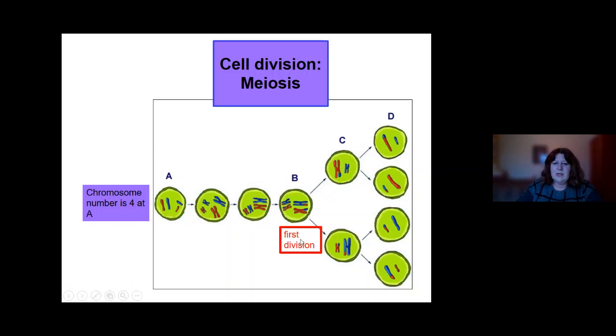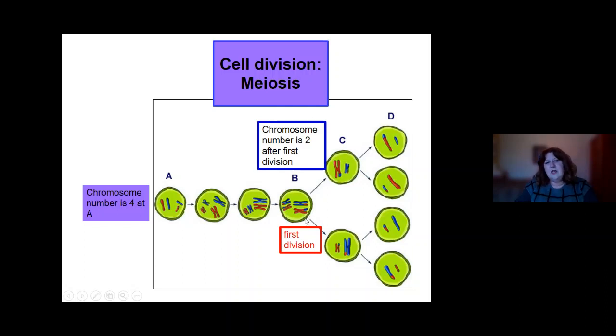So after the first division, the chromosome number has gone down by half. You can see one of the large chromosomes and one of the smaller chromosomes. So after the first division in meiosis, the chromosome number is 2. It's halved in that first division. And that's a really important little fact for tests and past paper questions.